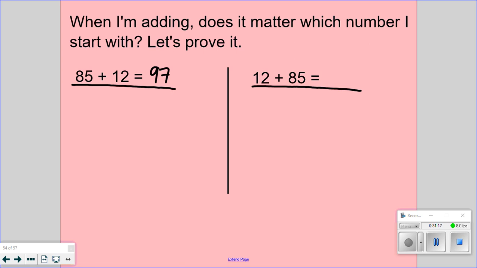Okay. Tables 5, 6, 7, you started at 12 and added 85 more. That is different. Similar, but different. What did you find out for the total here? Macklin? 97. Oh. Well, that's weird.